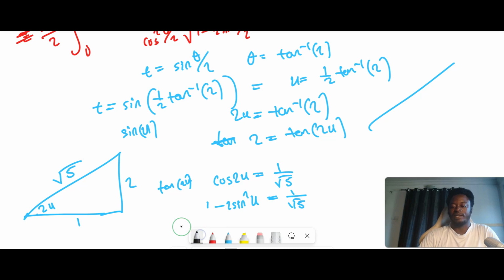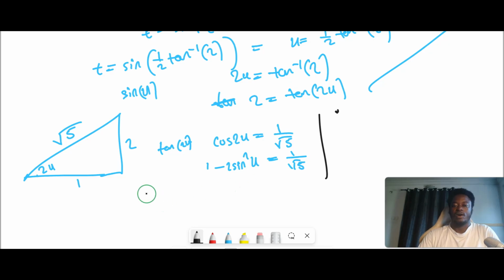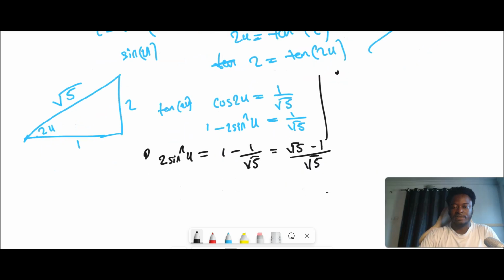So now we can find sine u with this equation. You could write this as 2 sine square u is equal to 1 minus 1 over square root of 5, or this is square root of 5 minus 1 over square root of 5. So sine square u is half of square root of 5 minus 1 over square root of 5.